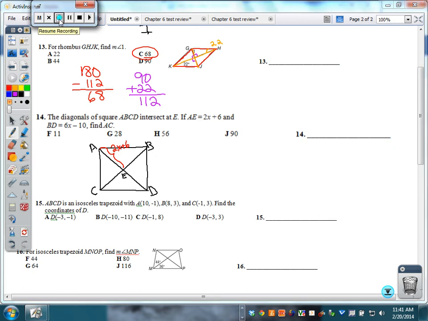And we're told that BD equals 6x minus 10. BD equals 6x minus 10.